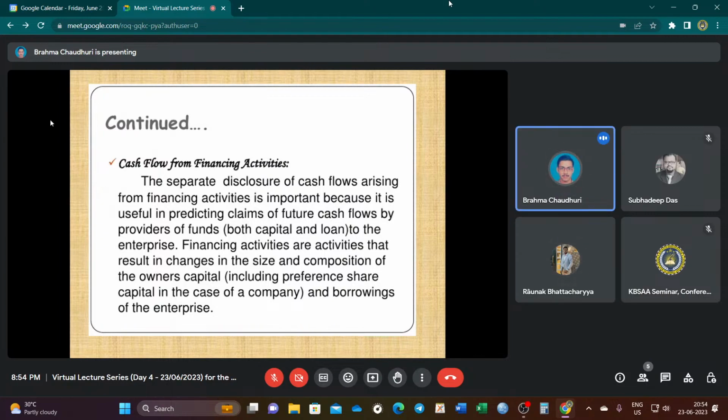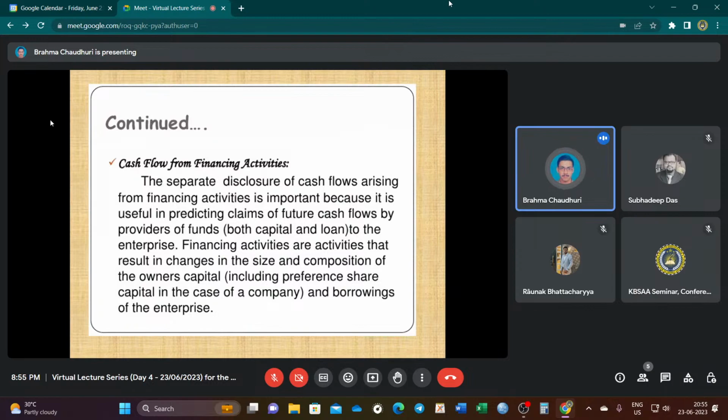Okay. So financing activities deal with the finances of a particular business enterprise, activities which result in either the increase of the finance, that is, raising of the finance, or disposing of that finance. That means cash inflow will be generated due to the issue of equity shares, issue of preference shares, and cash outflow due to the redemption of debentures, redemption of preference shares, buyback of equity shares, or interest paid and dividend paid, interest paid for loans, dividend paid for the equity shares.